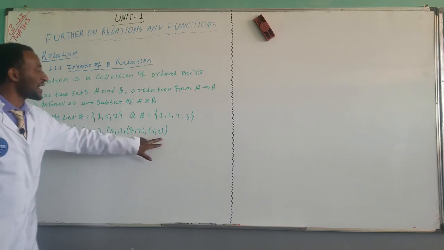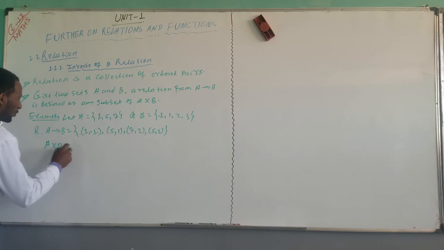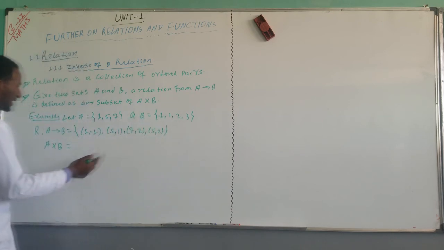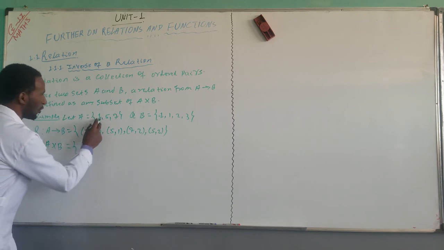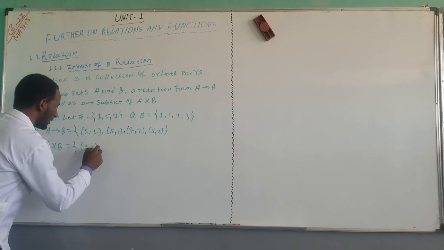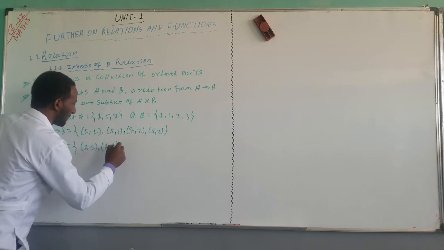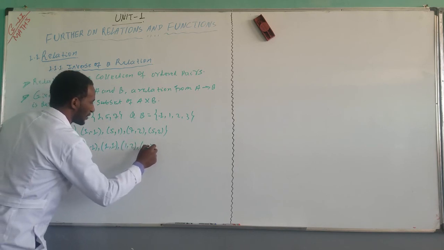This relation is a subset of A cross B. Let us see A cross B. When set A is given here and B is here, then A cross B is (1, -1), (1, 1), (1, 2), (1, 3).